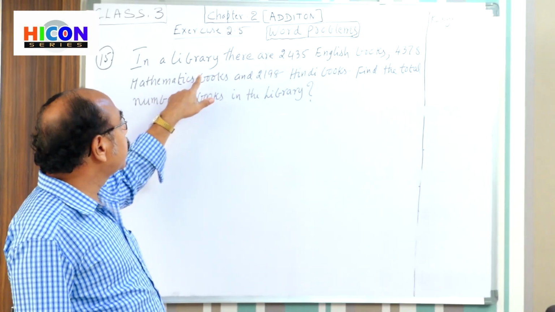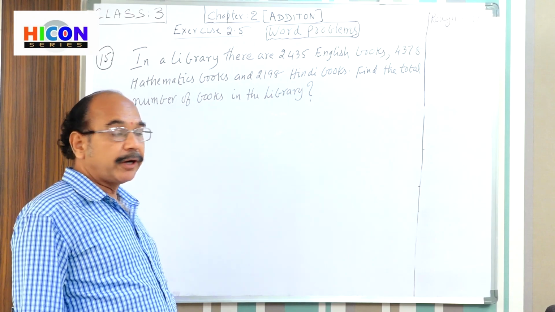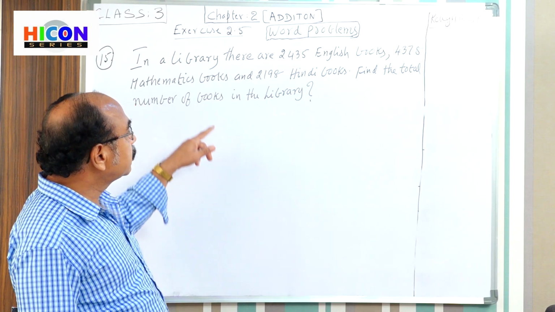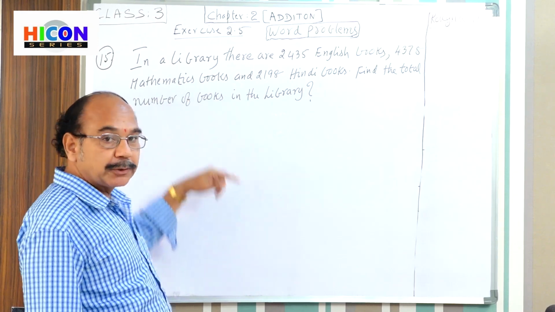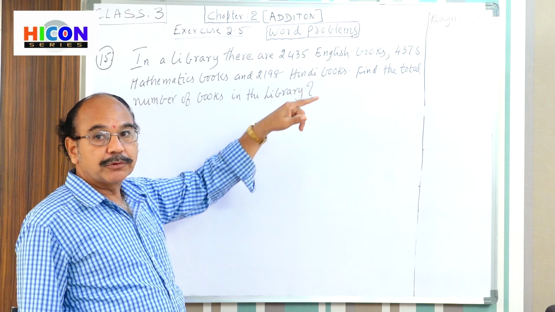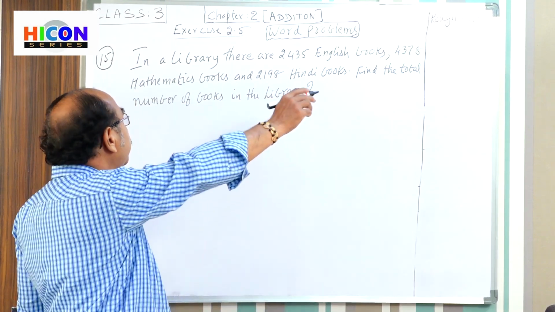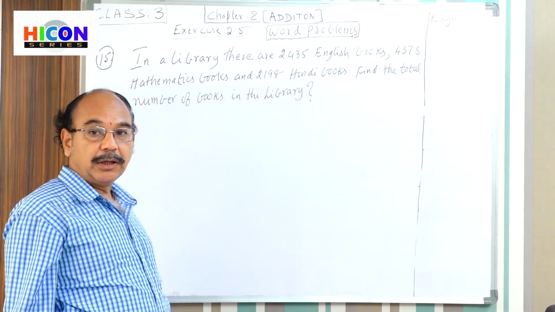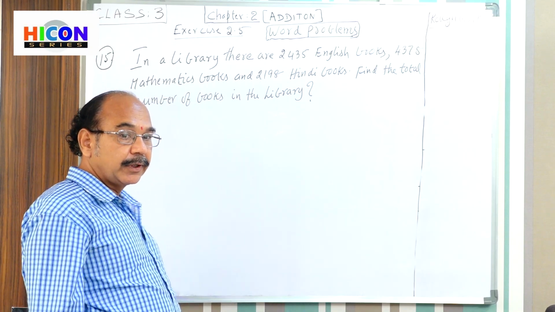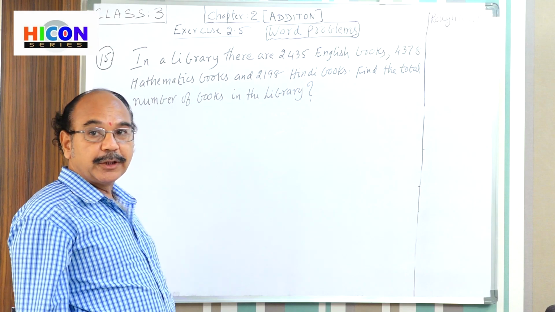In a library, there are 2,435 English books, 4,378 mathematics books, and 2,198 Hindi books. Find the total number of books in the library. This is the problem.